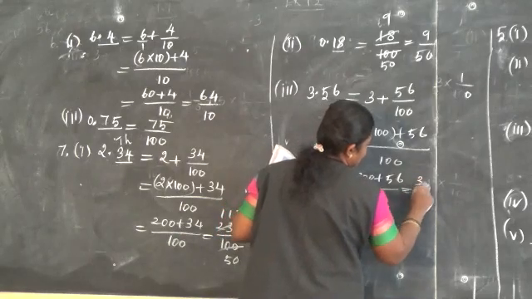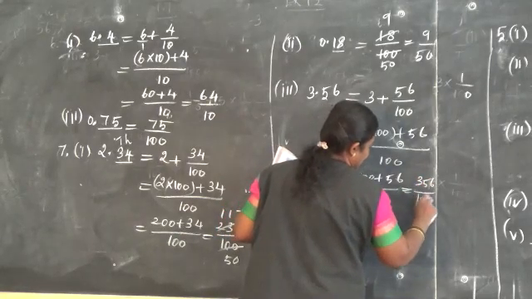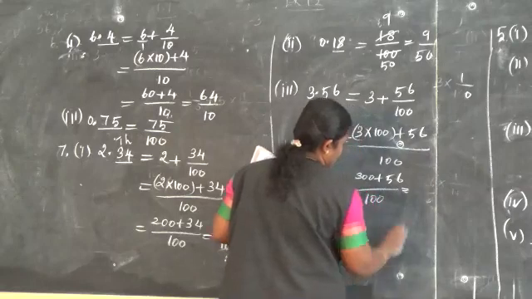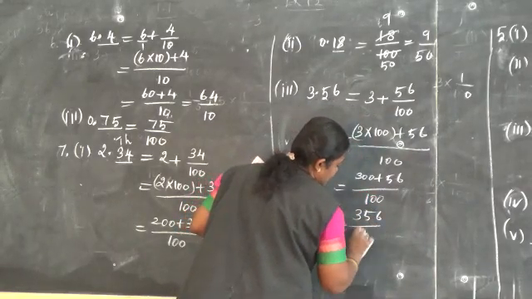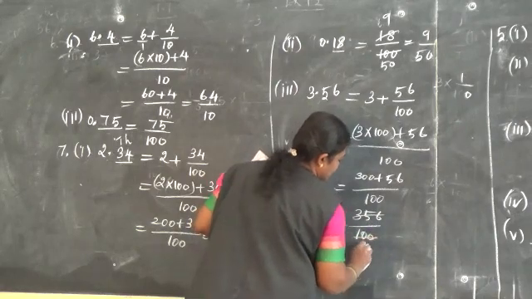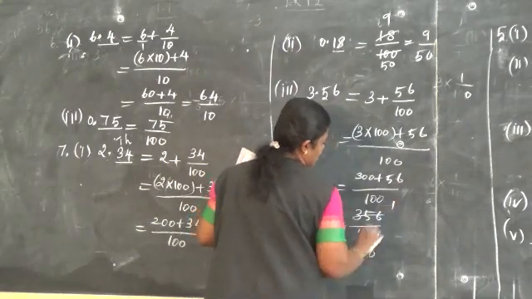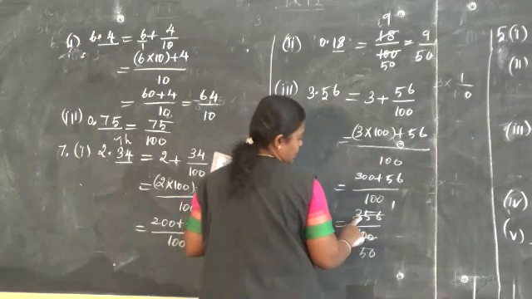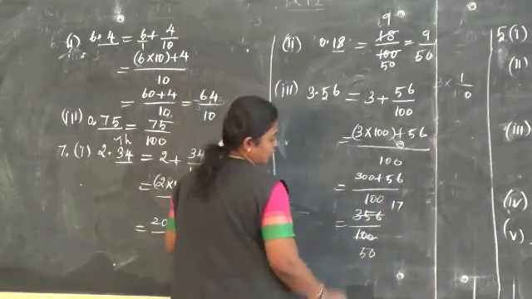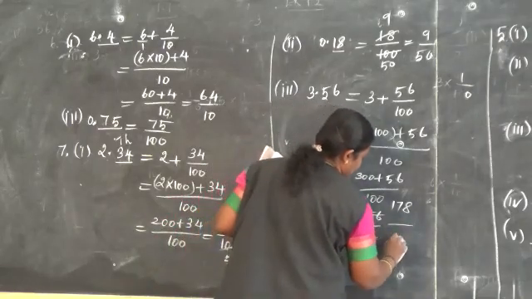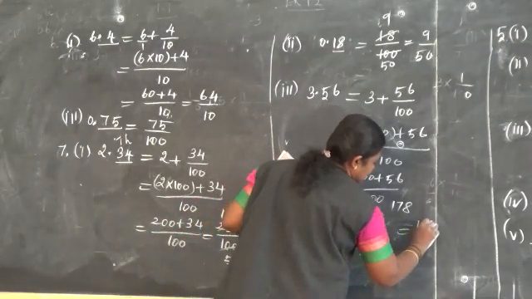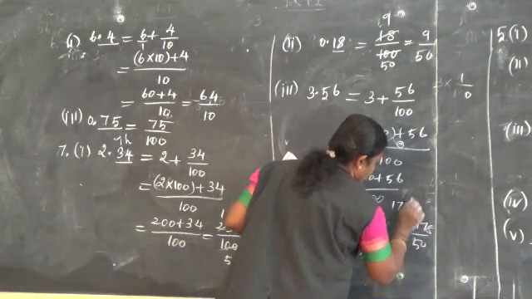So 356 by 100. Go for the cancellation method. 50. How many 2's are there? 1. Again 15. 7 2's are 14. 8 2's are 16. 178 by 50.